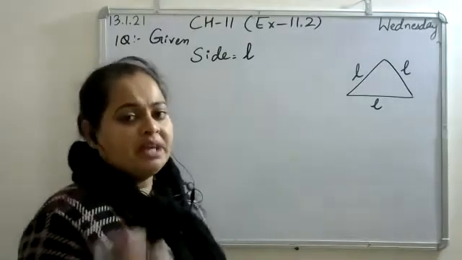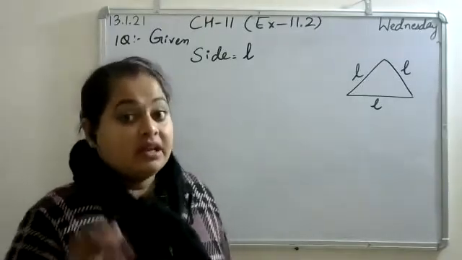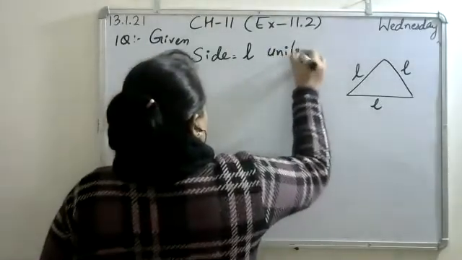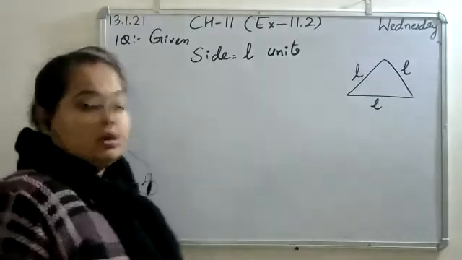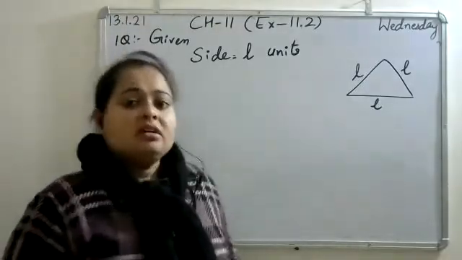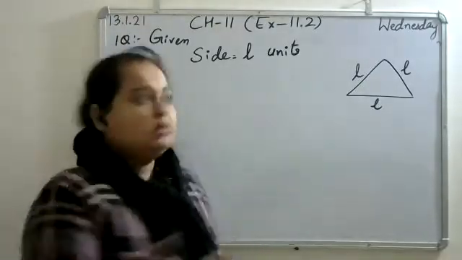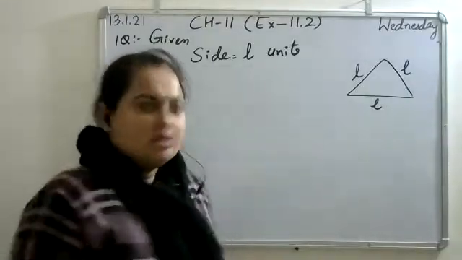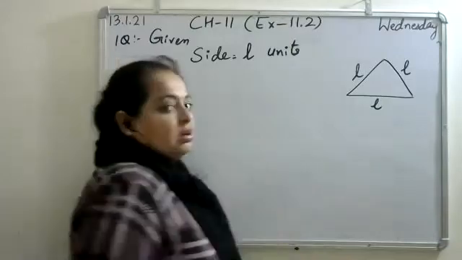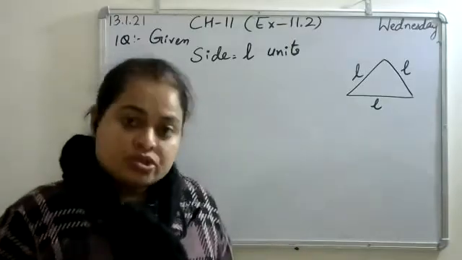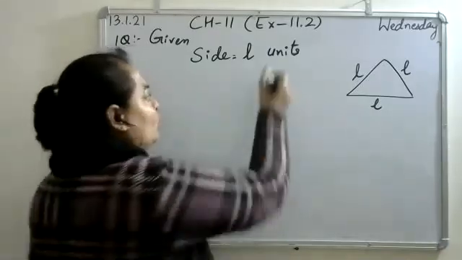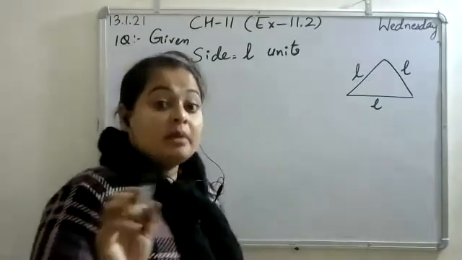So if no meter or centimeter is given, then you will write units. Units means if it is centimeter, then we will write centimeter here. If meter, then we will write meter here. So in the question, if no unit is given, then you will write units. Don't write centimeter or meter.